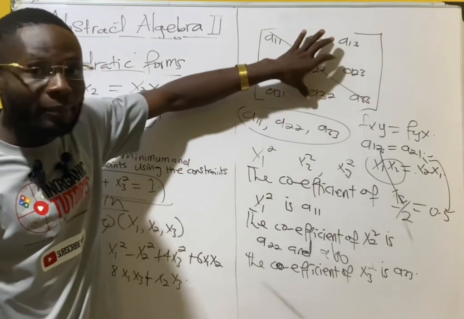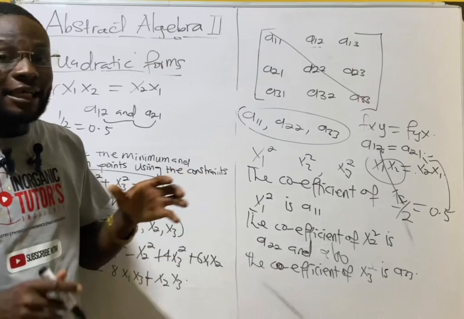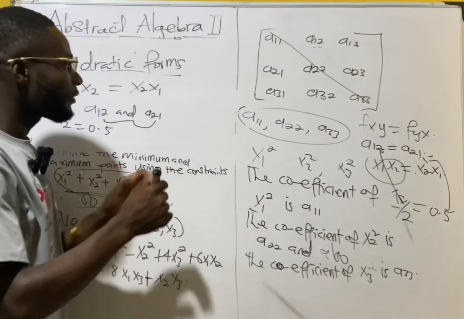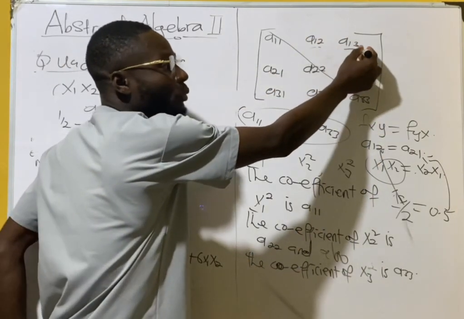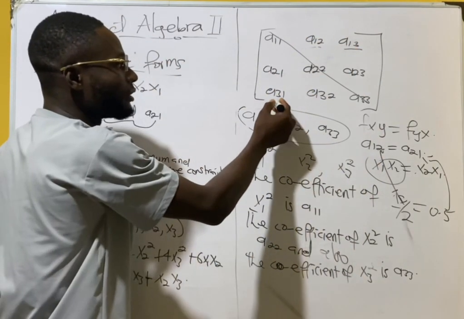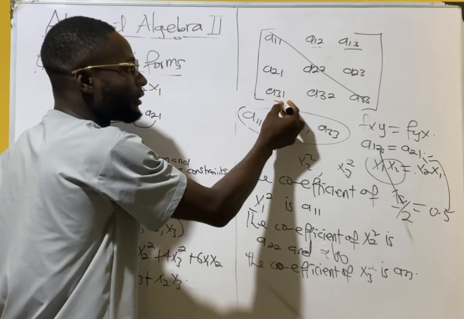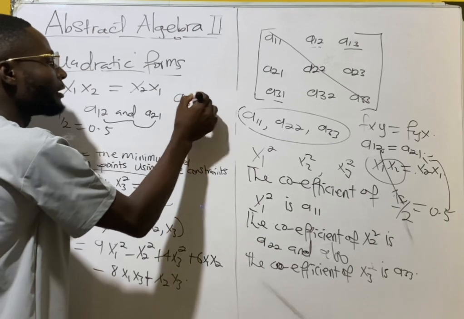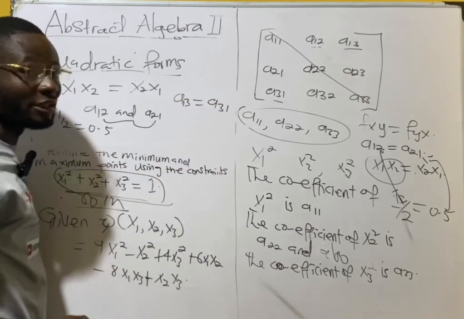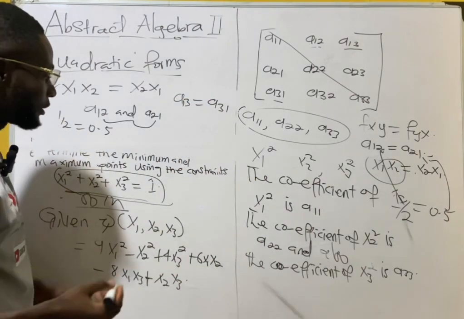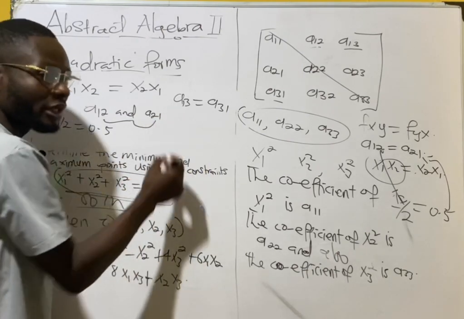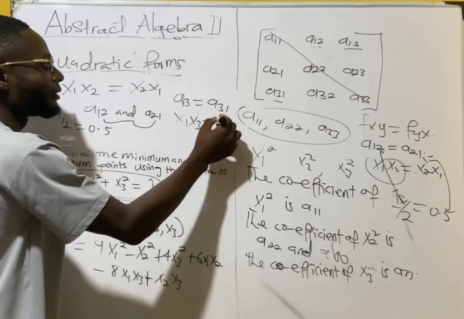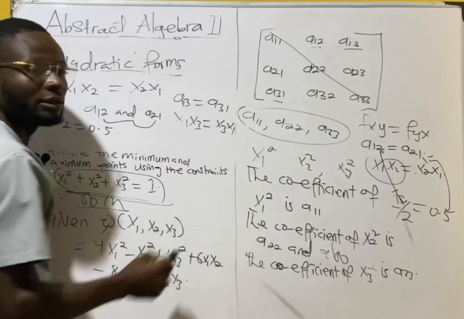So if you know the elements in the 3 by 3 matrix, then nothing is going to be difficult again. Okay. Now, you are left with A13 and A31. So don't forget, A13 is equal to A31. There is no difference. So the same way, when you come to the quadratic form, x1 x3 is the same as x3 x1.